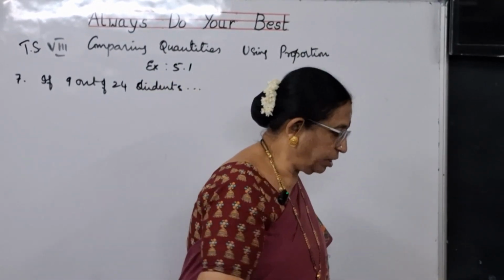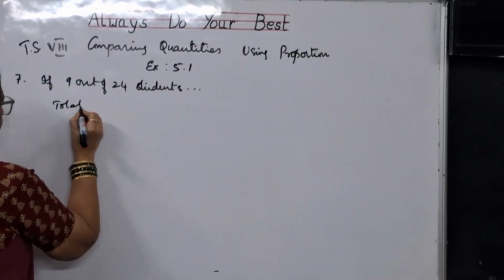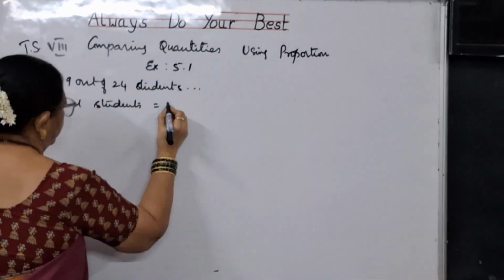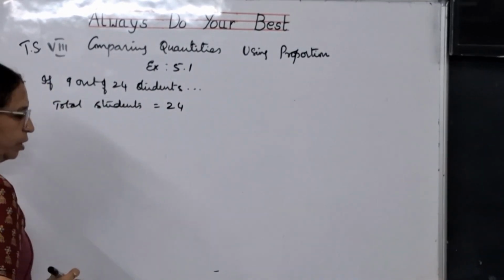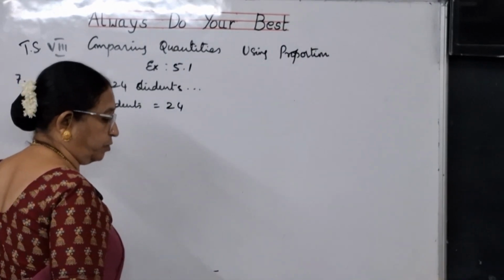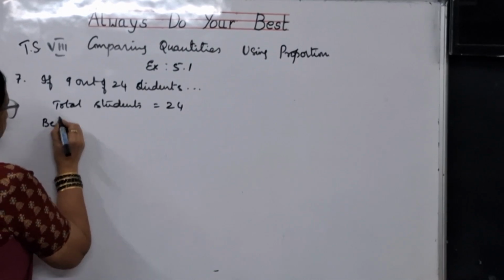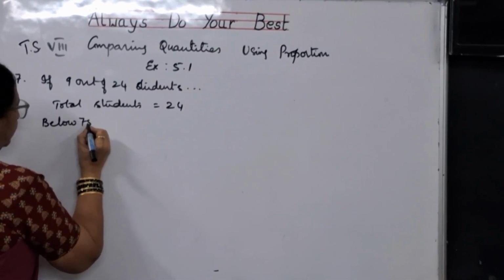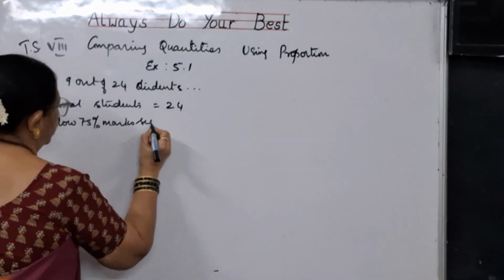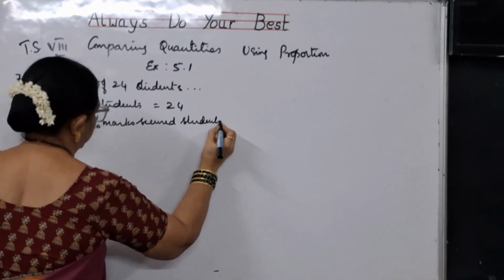So, the total number of students is 24. What did they say? If 9 out of 24 students scored below 75% marks. So, students who secured below 75% marks: how many?